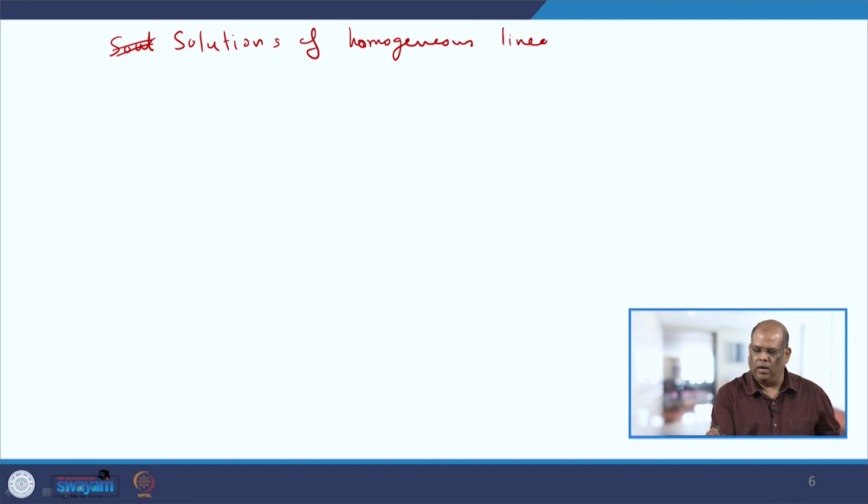We next look into some graphs, the visualization of solutions of a particular form of difference equation. So, you will see the solutions of homogeneous linear difference equation with constant coefficients.